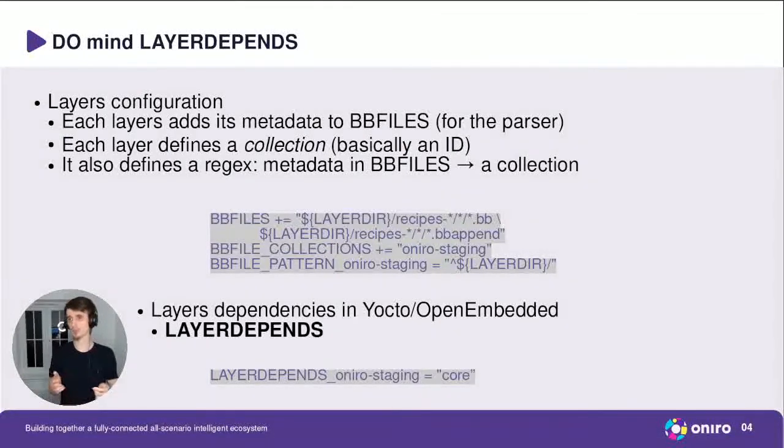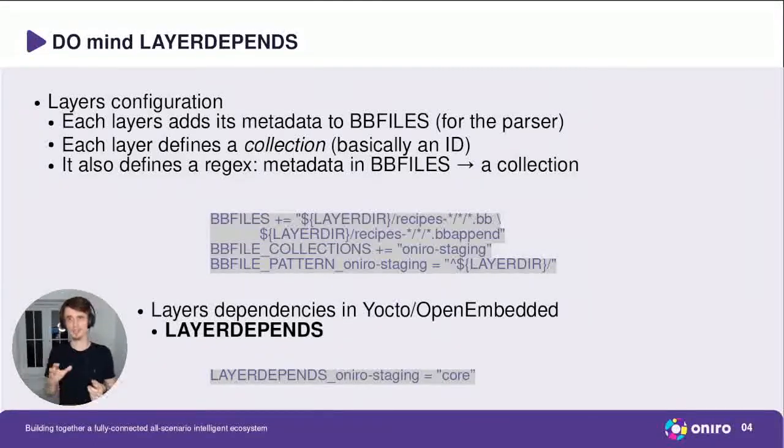For example, as well, BBFILE_PATTERN, which is the mapping between the collection and the entries in BBFILES. It also defines a variable called LAYERDEPENDS, which is the dependency between a collection and one or multiple other collections. For example, the collection Oniro-staging in this case depends on the collection called core.